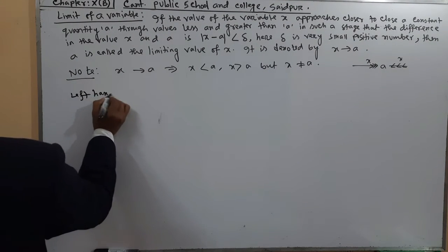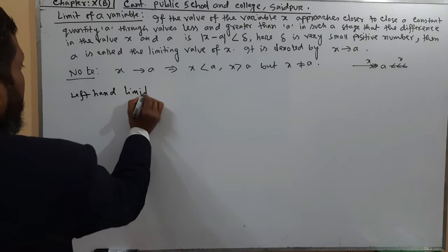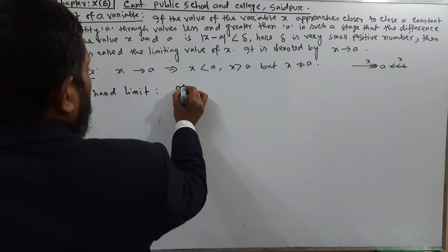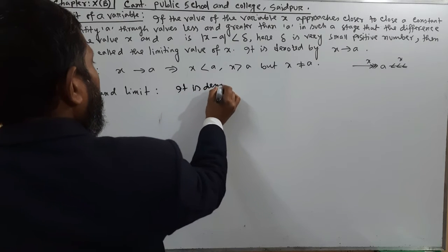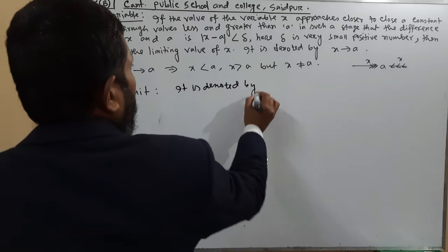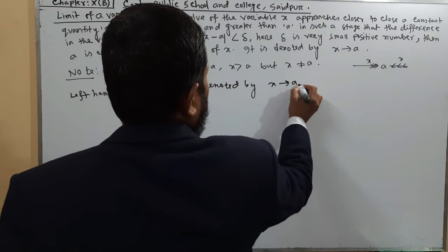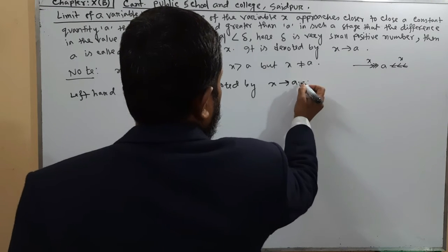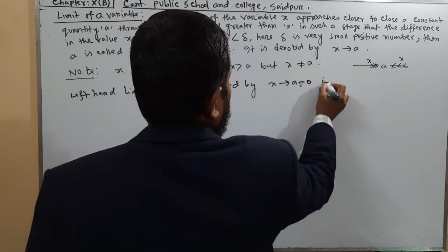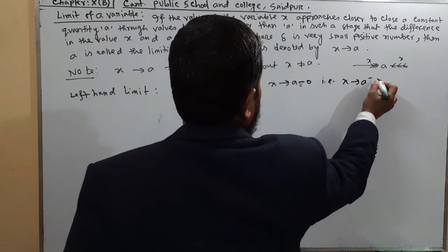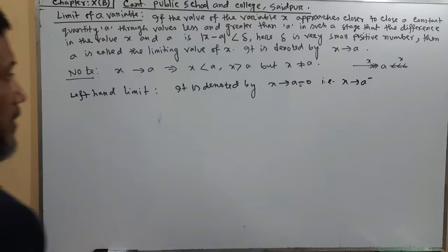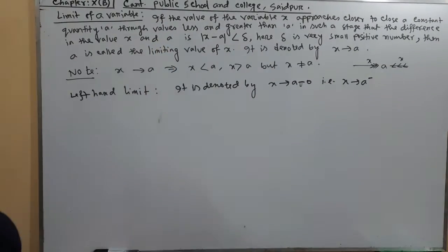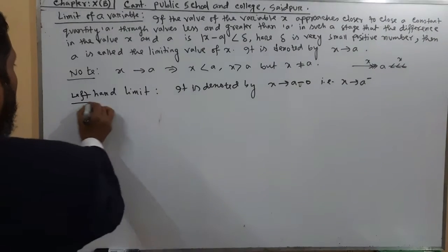It is generally denoted by x tends to a minus 0, that is, x tends to a from the values of x which are less than a. This is the left hand limit.